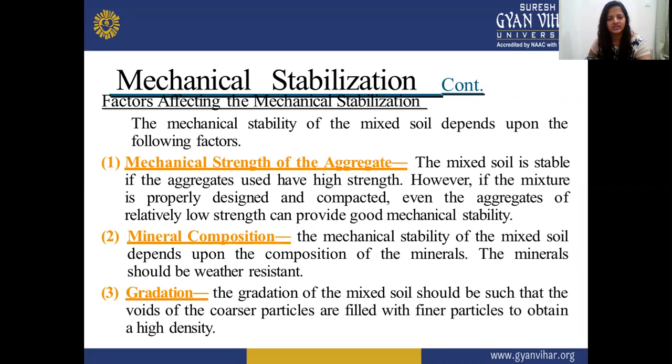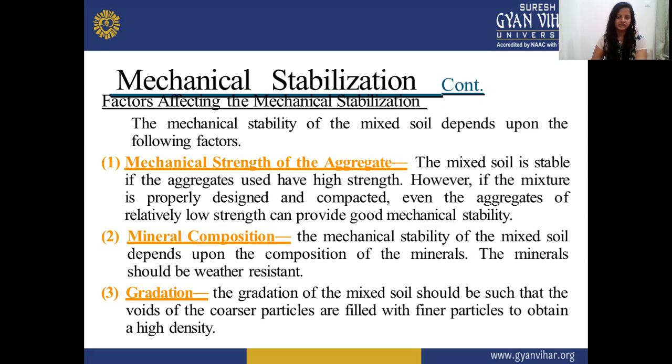So, it is quite essential to understand the mineral composition of the soil and the mineral composition of the binding agent, because both of them have minerals and they are bound to react with each other. So, to get the necessary positive output, we need to make sure that we understand mineral composition very well.